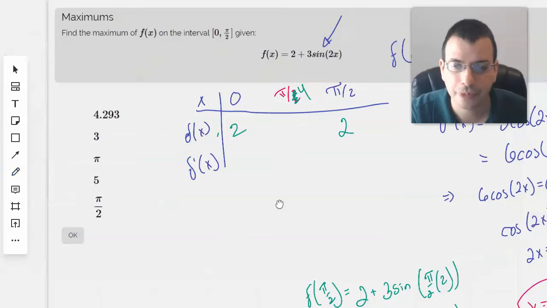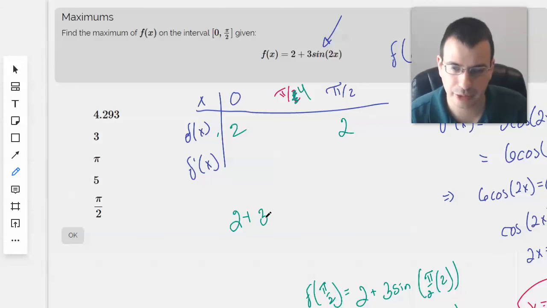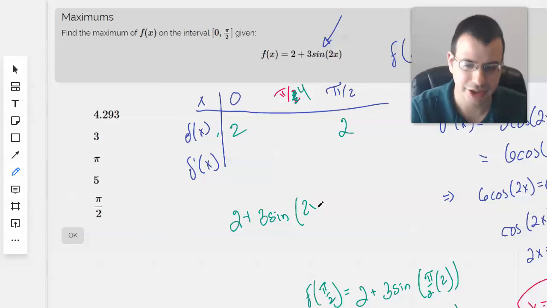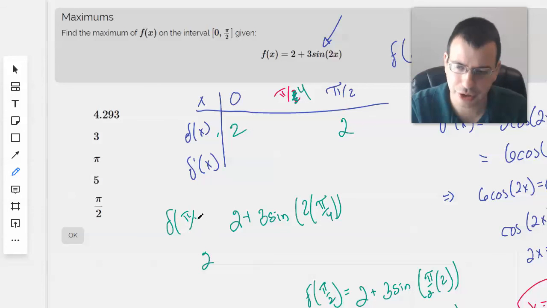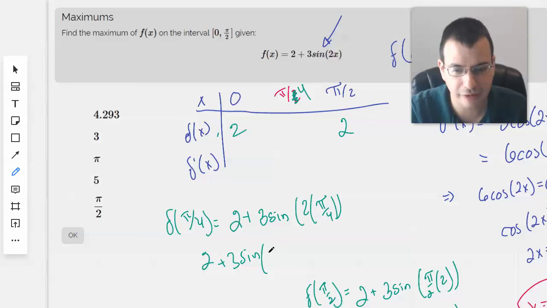Okay, so then our critical point, as determined earlier through taking the derivative, will be x equals pi over 4. f of pi over 4 is 2 plus 3 sine of 2 times pi over 4, which will be pi over 2.